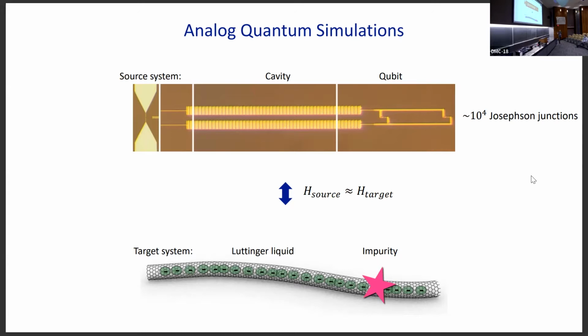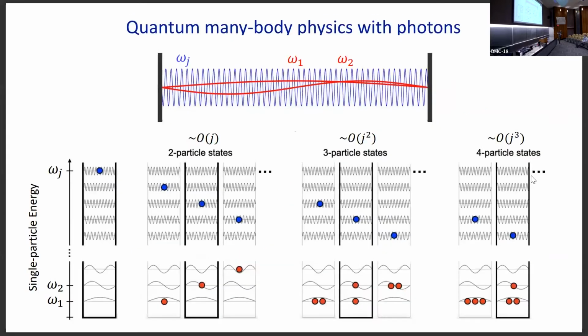So let me start by explaining how this many-body physics actually appears in a circuit where excitations are essentially photons, which usually don't interact. So imagine a cavity, like a Fabry-Perot type cavity, which can host multiple modes separated by free spectral range.